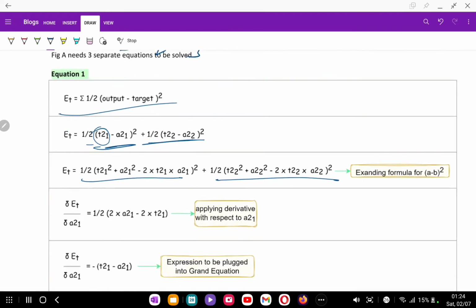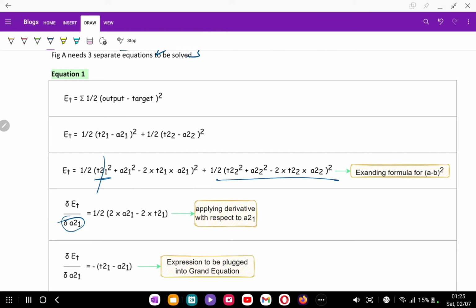Now just take a partial derivative. If you put it here, you also have to put it here as well. When you take the partial derivative with respect to A21, this term does not contain any A21, so it cancels out.